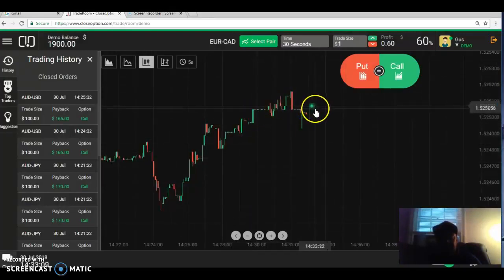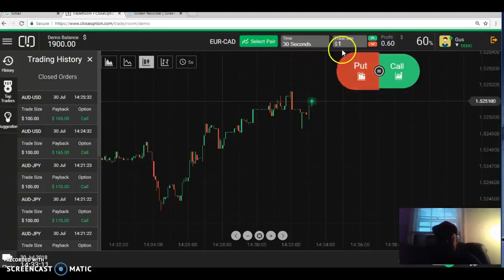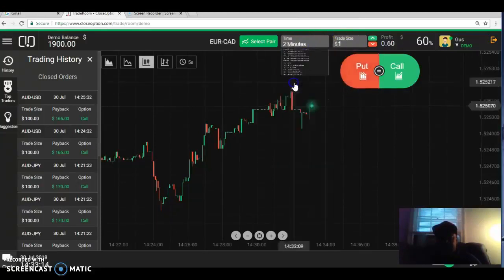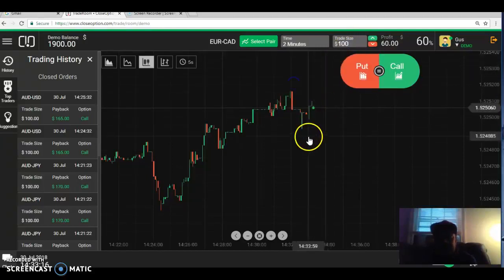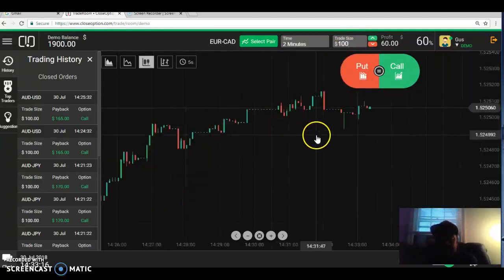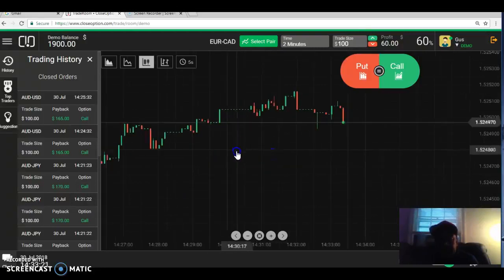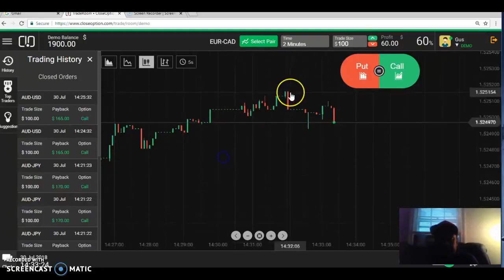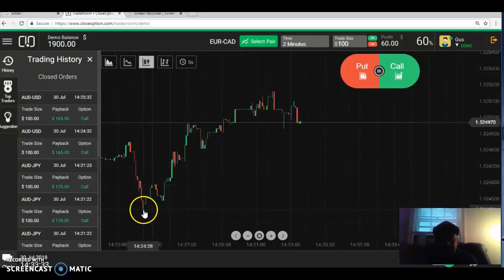Okay, I kind of see a trade. All right, we want to do 2-minute trades, so I set it to 2-minute and $100 lot sizes. This is not quite almost there. I'm looking at levels of support. Well, this is a level of resistance here, and I'm looking at levels of support in this particular time frame.